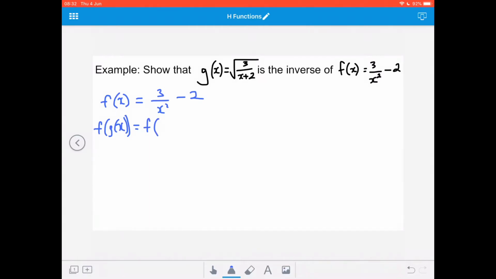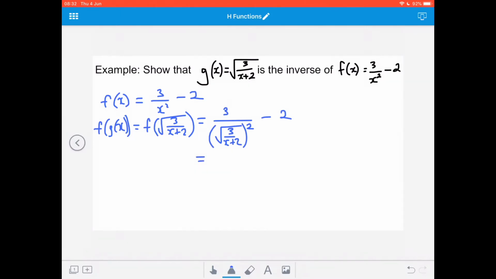So what we're going to do is replace that g of x with 3 over x plus 2 all square rooted. So if we substitute that in place of that x, we're going to get the square root of 3 over x plus 2, and that's all squared minus 2.